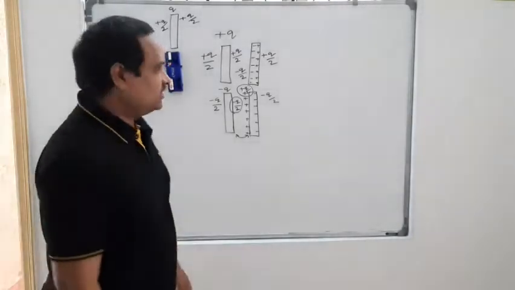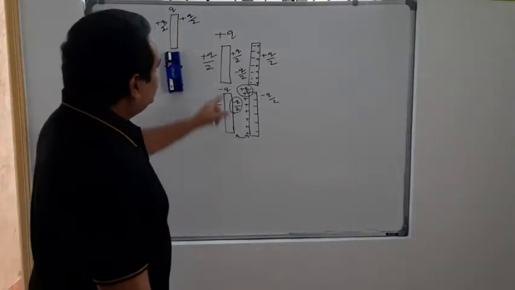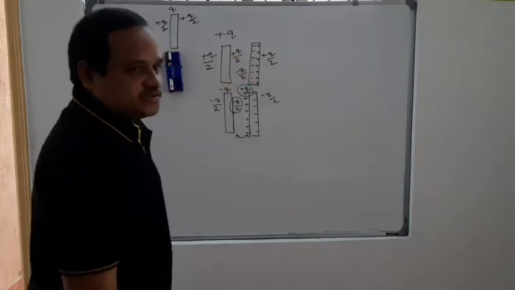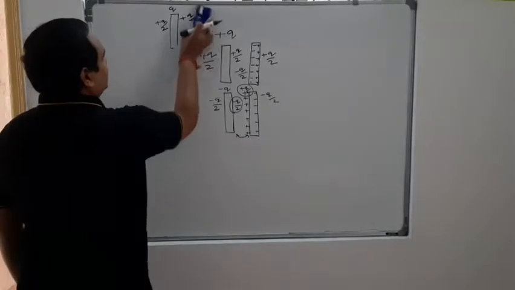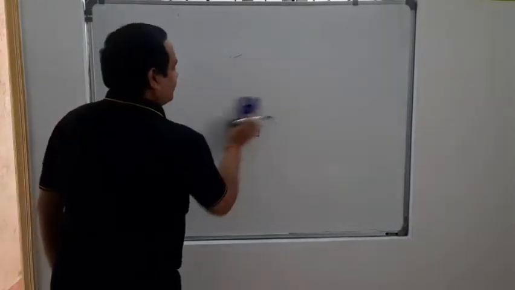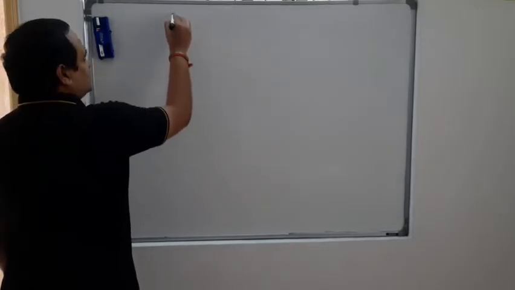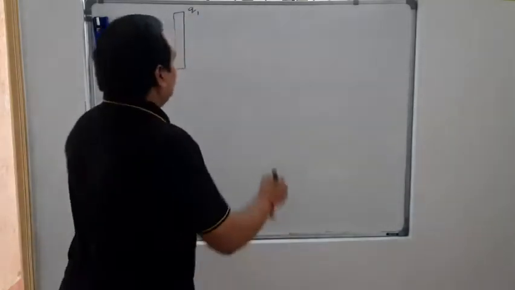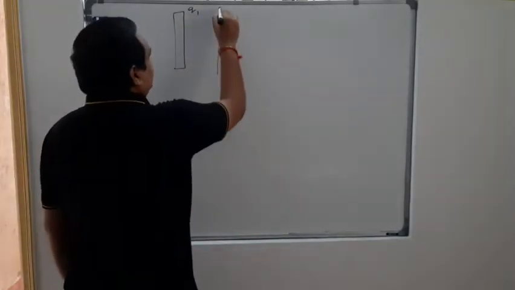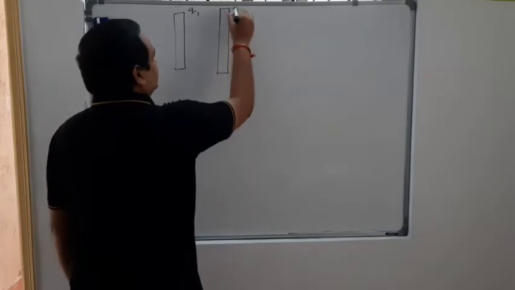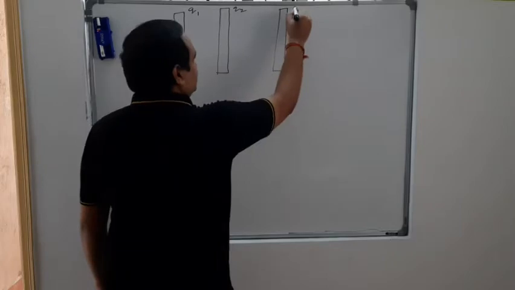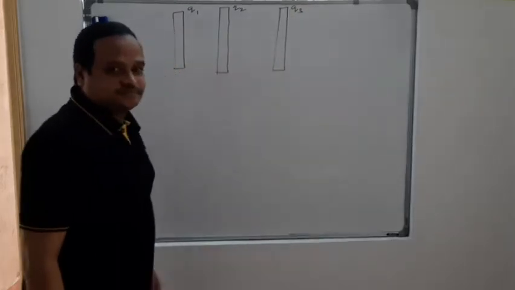So until now we discussed a neutrally charged body placed near a charged body. Now let us discuss, suppose this is the first charged body which has charge Q1, this is the second charged conductor which has Q2 charge, and this is the third charged conductor which has charge Q3, right?